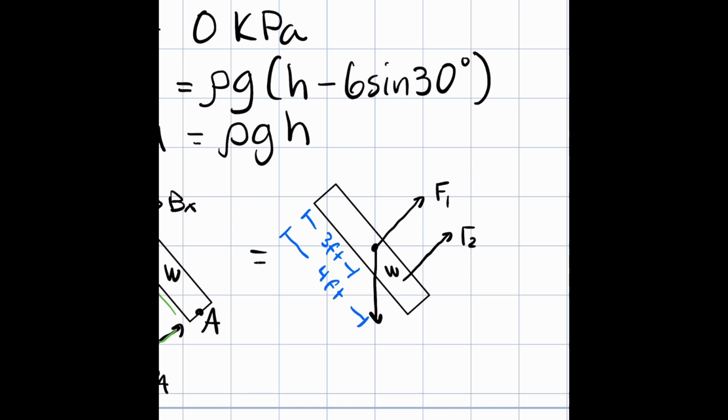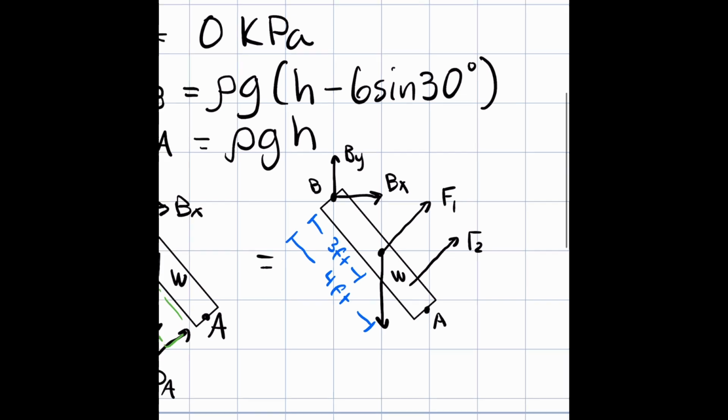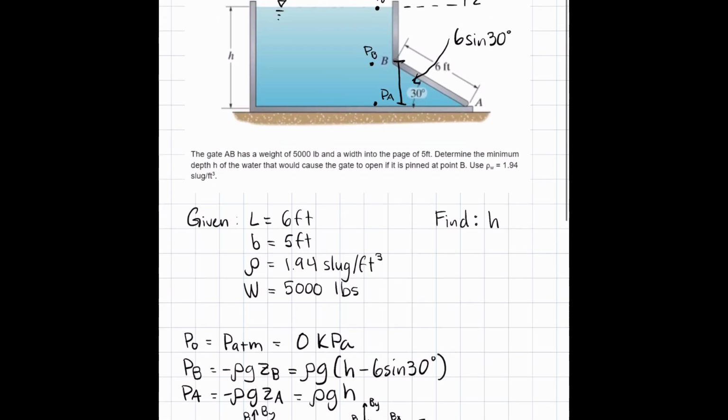All right. And then again, as always, we do have the reaction forces of By and Bx. That's point B, and this is point A. Then I haven't drawn it, but obviously this gate is, from the problem statement, angled at 30 degrees.